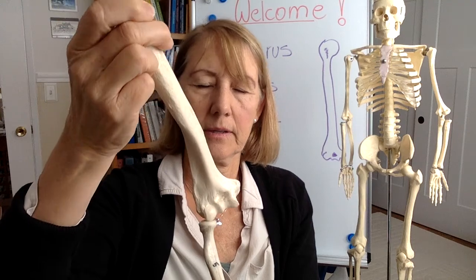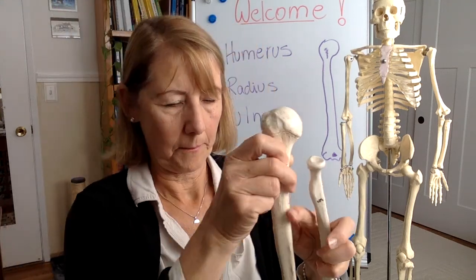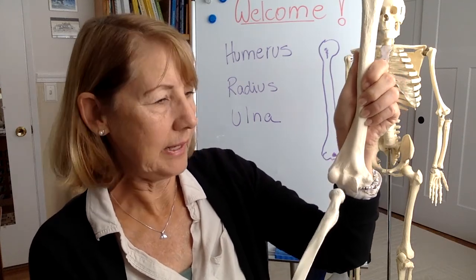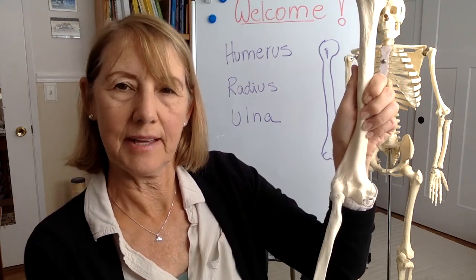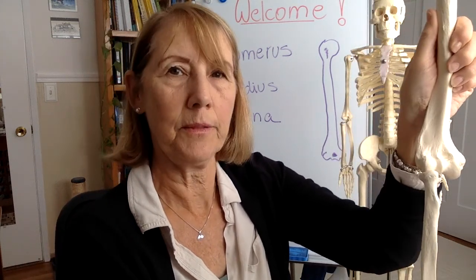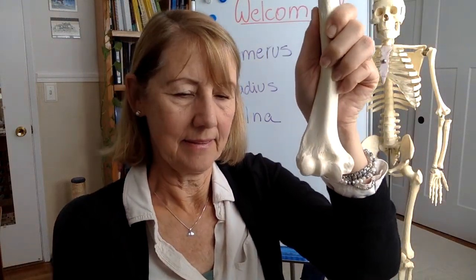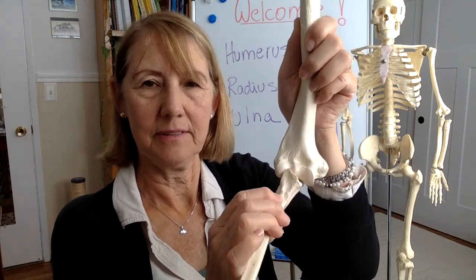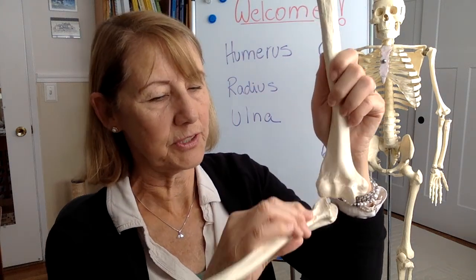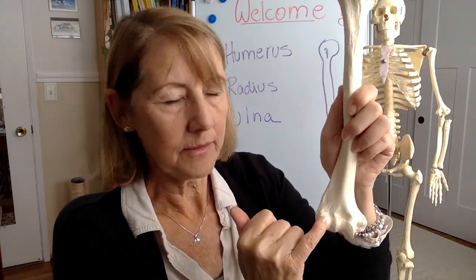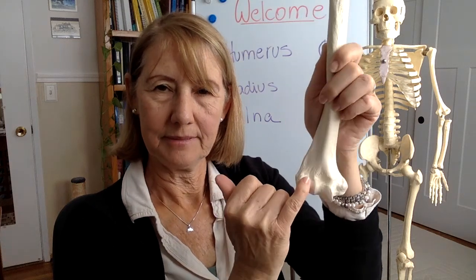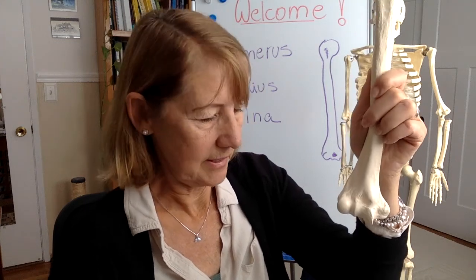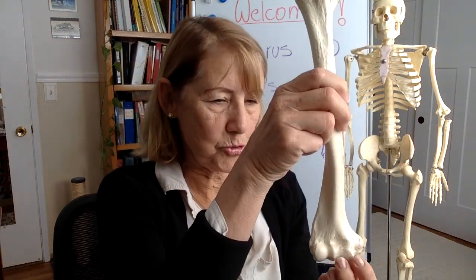So look, it's going to be where the radius forms a joint. Okay, so that's the region for one of the bones. And then the other 2 bumps there are the region of where my second bone is going to form a joint. So the rounded cap is the capitulum, and the other is the trochlea.